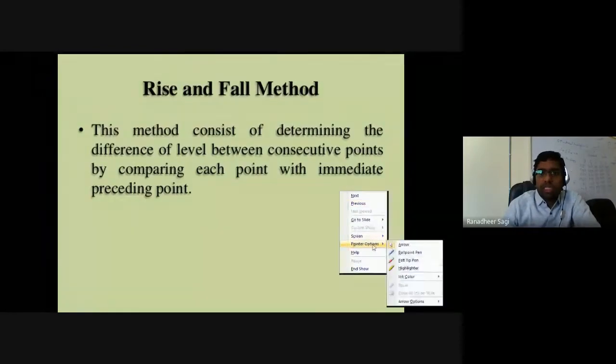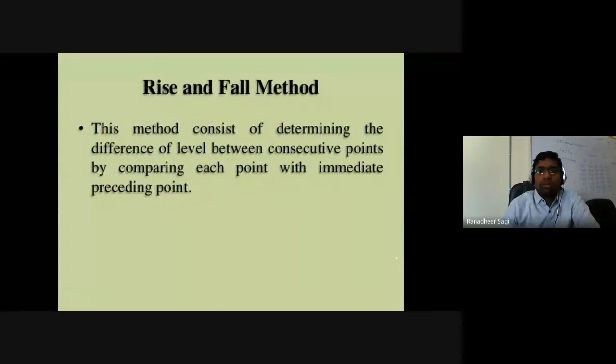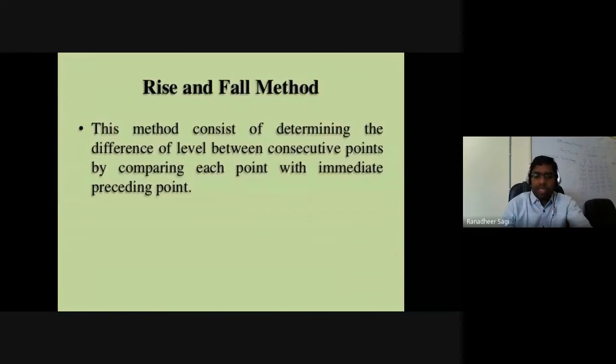So in the last class, we took up a small case, a small data set regarding some leveling that was carried out. Based on that data, we started understanding how to calculate the RL values using the height of instrument method.